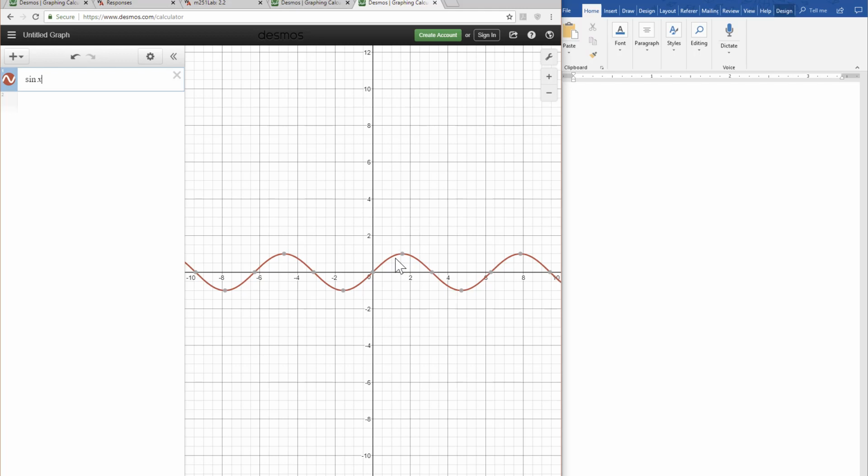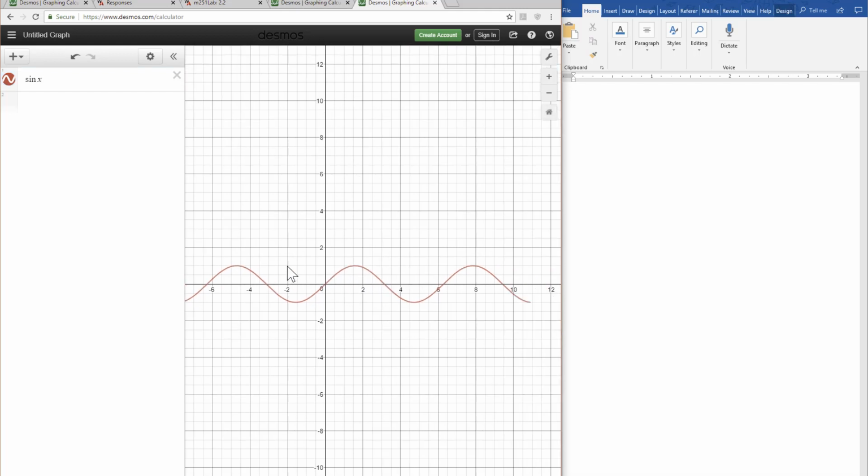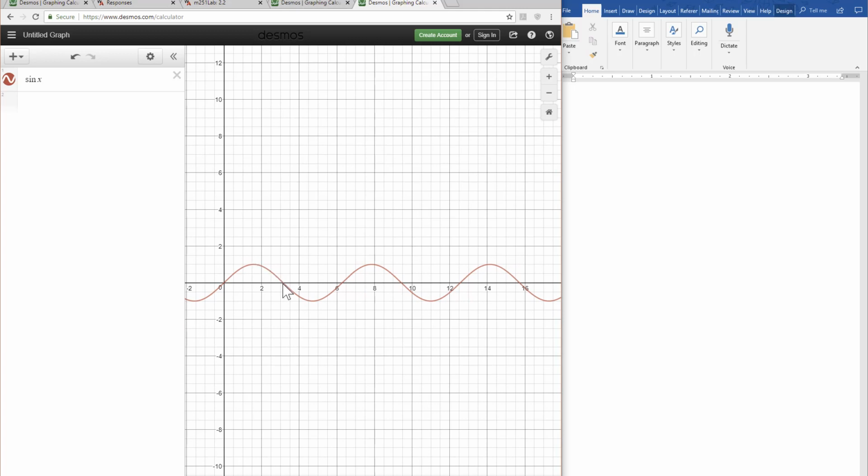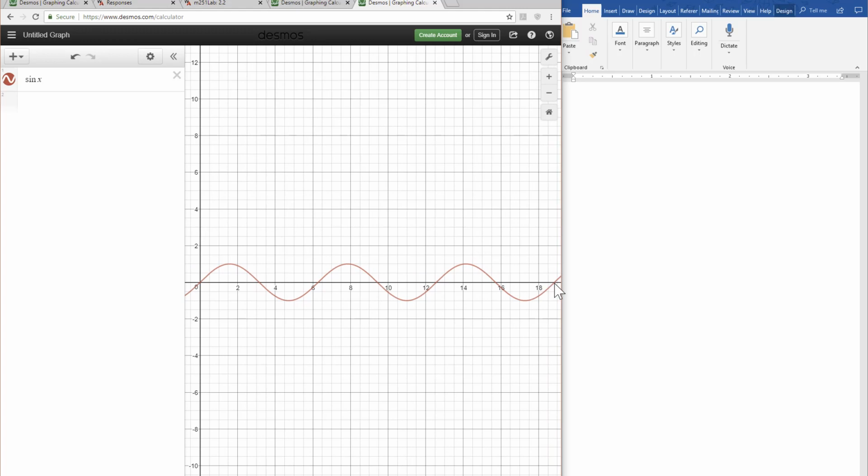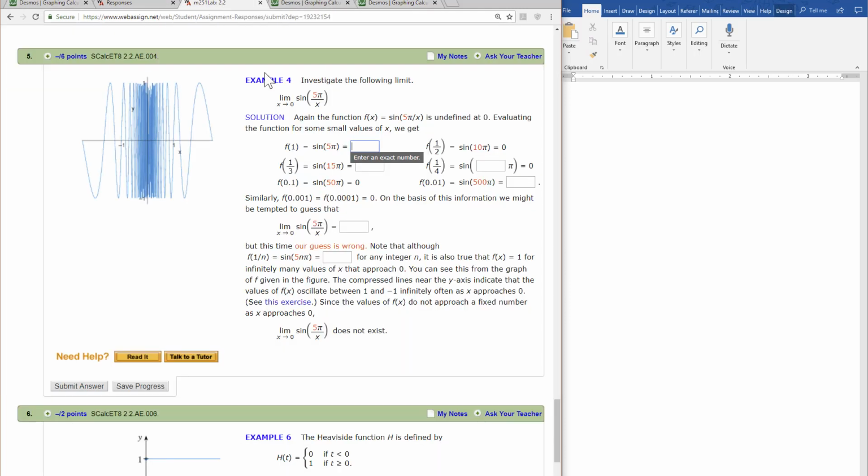So this is 0, pi, 2 pi, 3 pi, 4 pi, and 5 pi. Looks like it's going to be 0. Oops, that's 6 pi. This is 5 pi. So it's going to be 0.